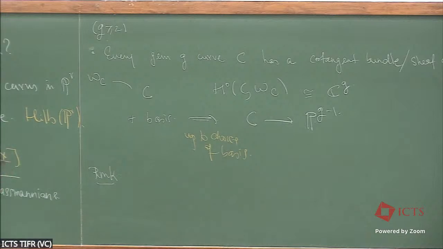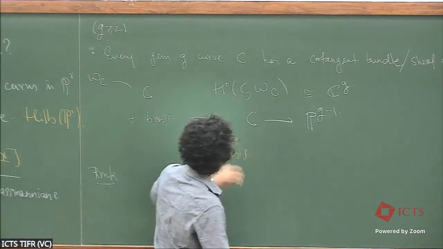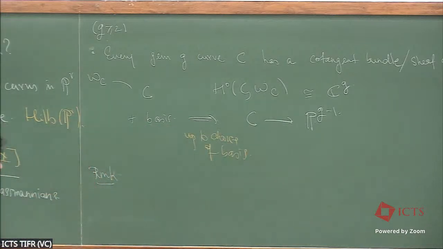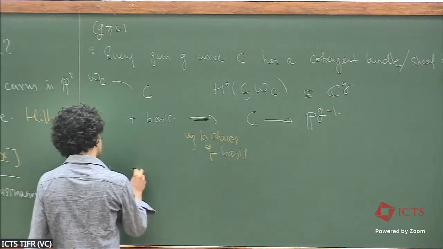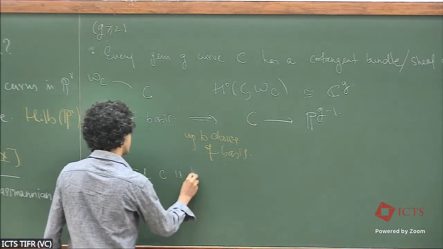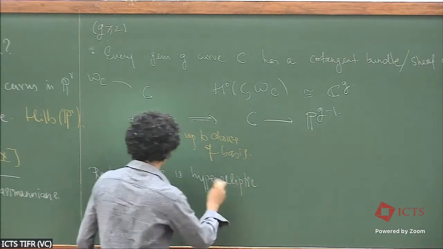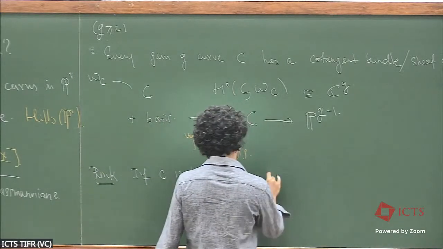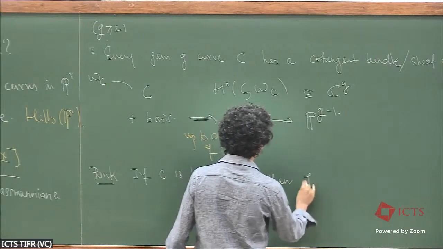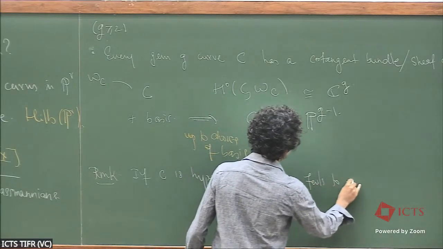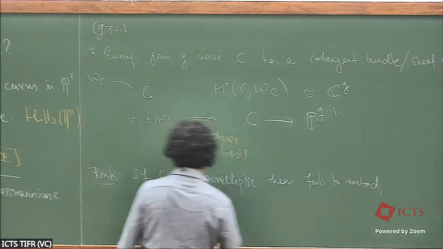So base point free, that's actually automatic. So it fails to be an embedding in an actually interesting classical situation. So if C is hyperelliptic, but thank you for volunteering. If C is hyperelliptic, then this fails to be an embedding, fails to embed, but otherwise it's okay.